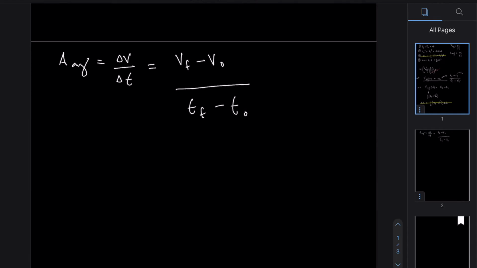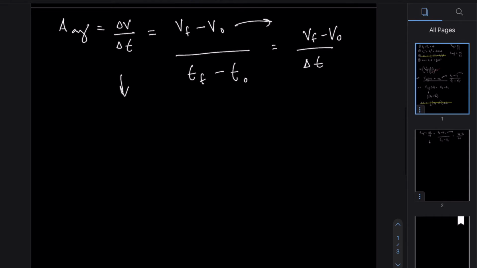And to rewrite that again, let's just keep the time as delta t on the bottom, and we're going to keep this. So v final minus v initial. So we can rewrite this to make it a little clearer.